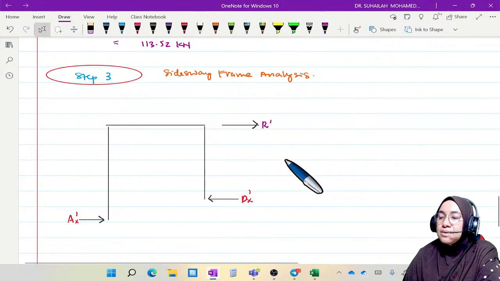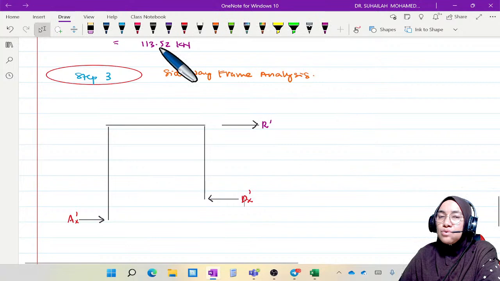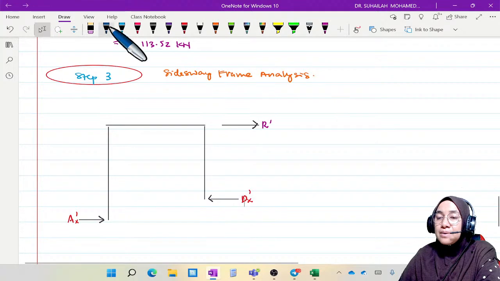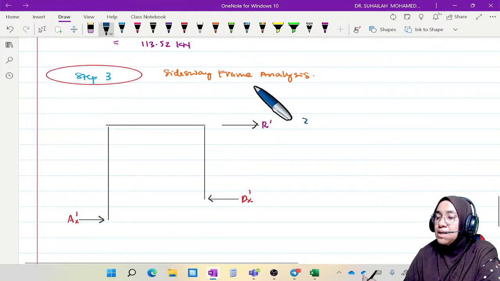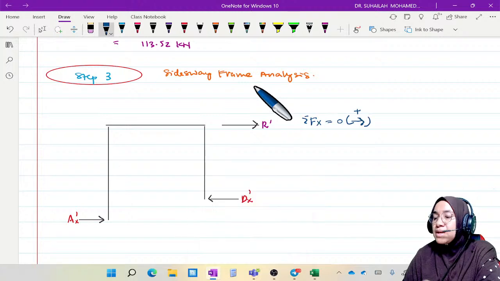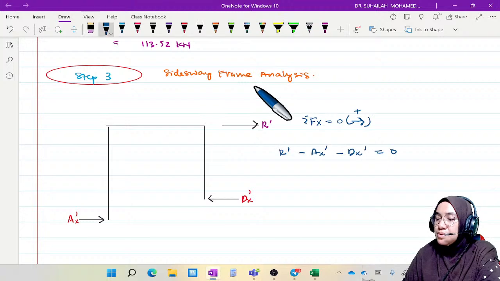For the shear equation, we can straight away write the equation. The shear equation is Fx equal to 0. In the right direction, we assume positive. So we get R prime plus Ax prime minus Dx prime, and this is equal to 0. So this will be the shear equation.